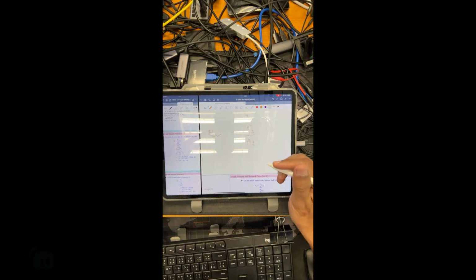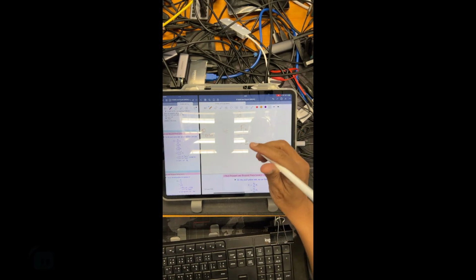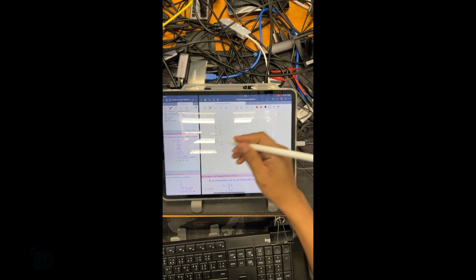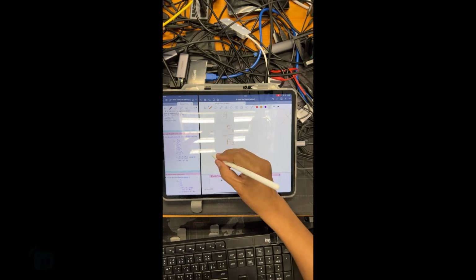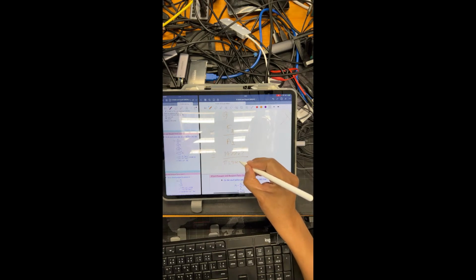So P air, or pressure, will of course be 1477.7 divided by pi r, which is 5 centimeter, and 10 to the negative 2 squared.